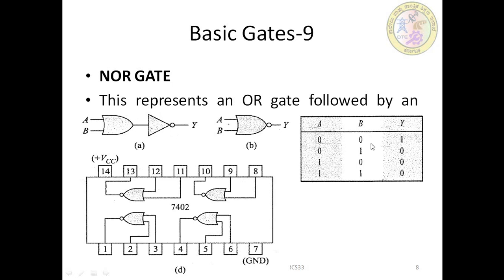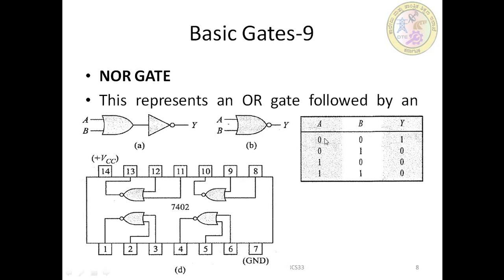That means the OR gate is there and we are trying to reverse its output. Here you can see it in the truth table. For our OR gate, the output will be low when both the inputs are low, and in the remaining conditions the output will always be high. But in the NOR gate, we invert the output of the OR gate, right?